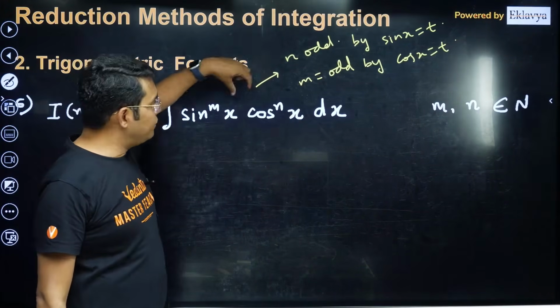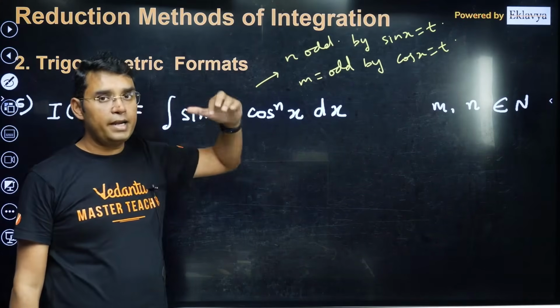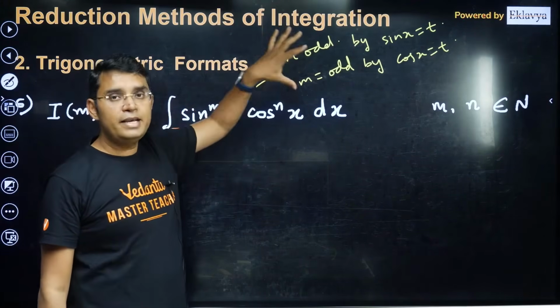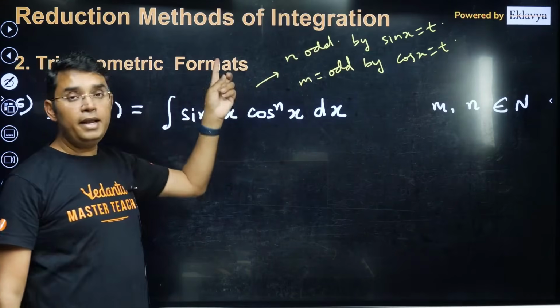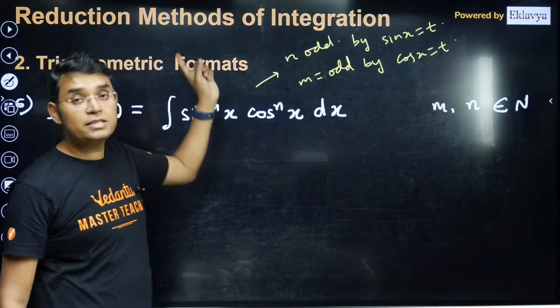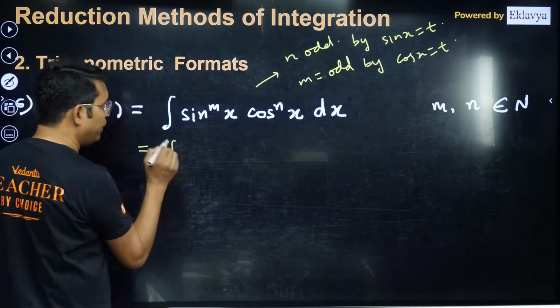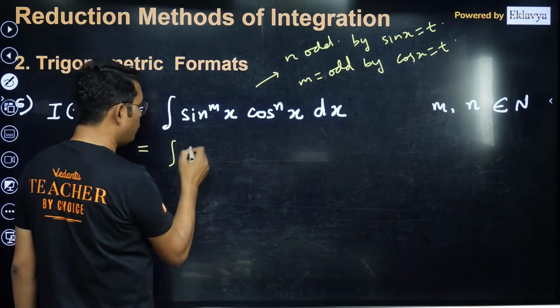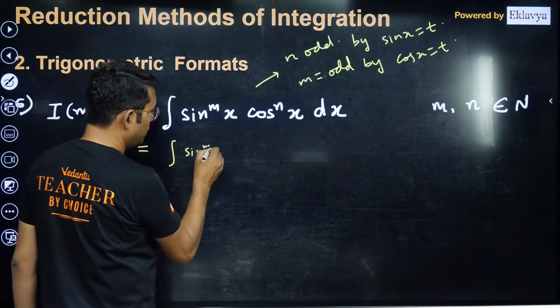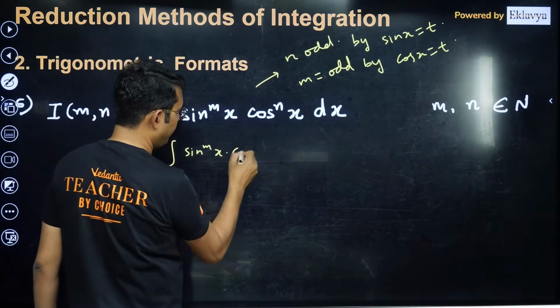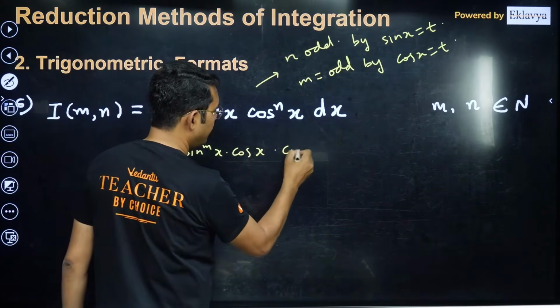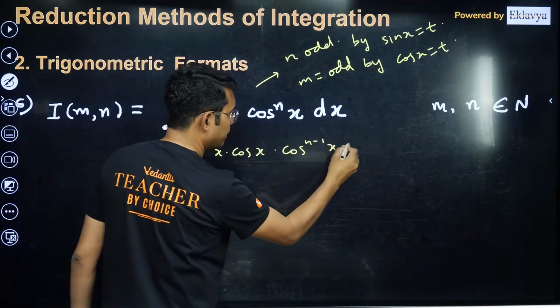But if one of them is odd, then I will say the more practical, easier way is by substitution and not by reduction methods. Okay, so let's see how it is done. In this case, we will be writing one cos along with this sine, and then the remaining power of cos here.